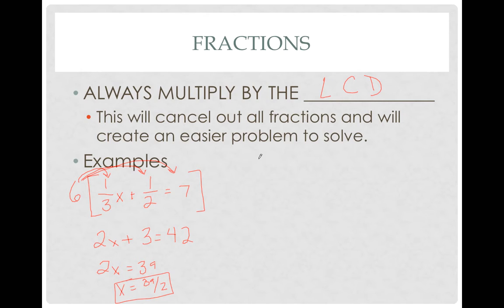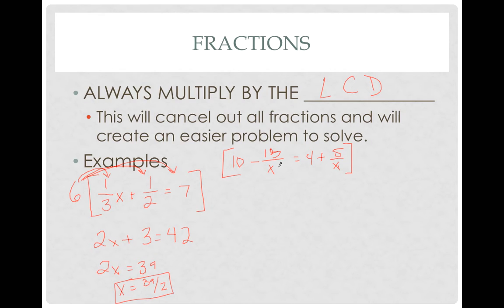But what if it looked like this? Let's go with a 10 minus 13 over x equals 4 plus 5 over x. Now, you can solve this without doing LCD, but it's so much easier to do it with the LCD.